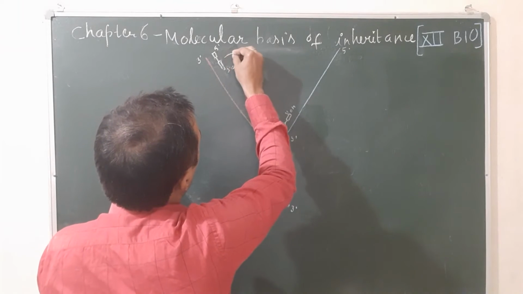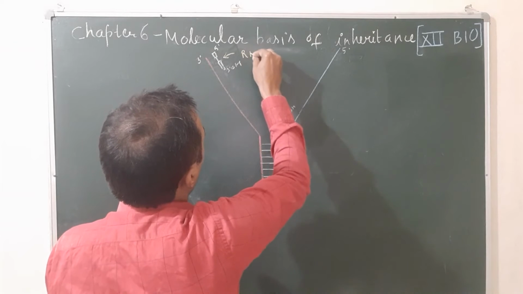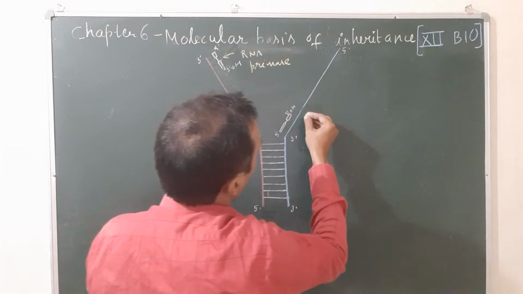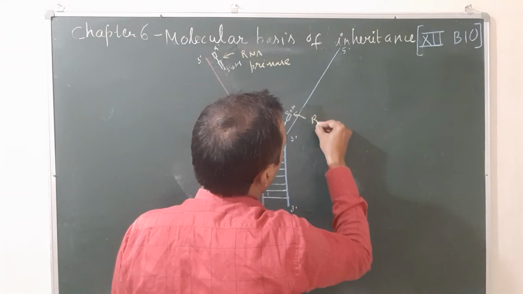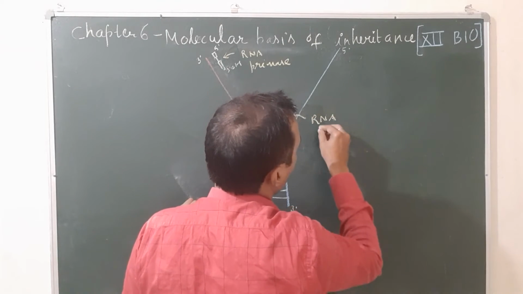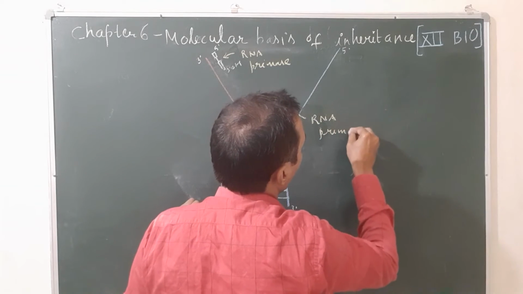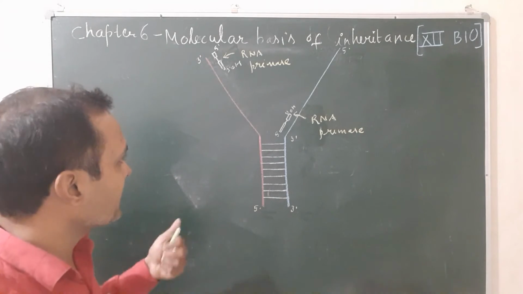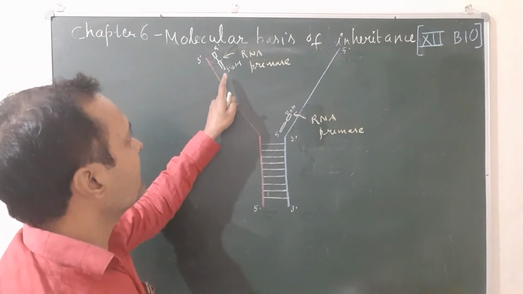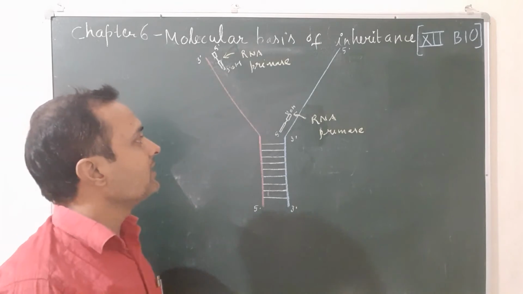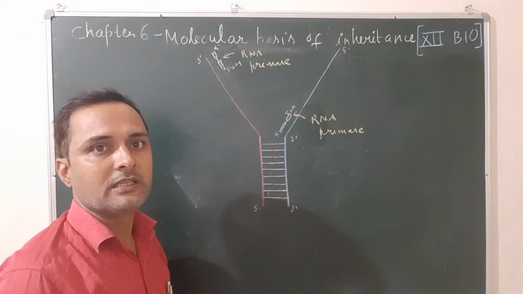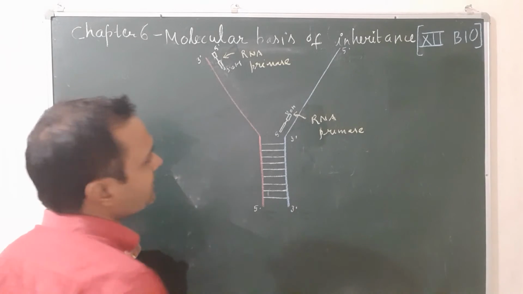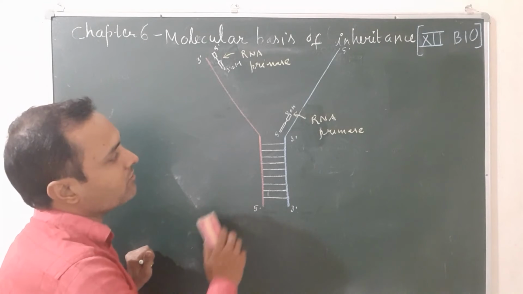The primer is synthesized by the enzyme RNA primase, which helps to synthesize a short strand of RNA that provides a free OH for the addition of nucleotides according to the complementary base sequences.